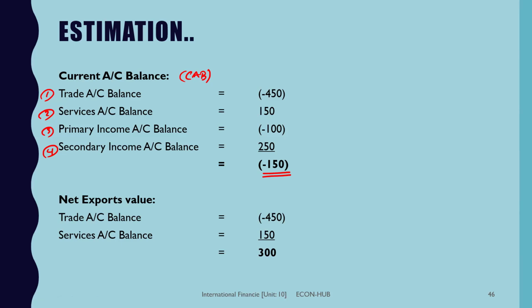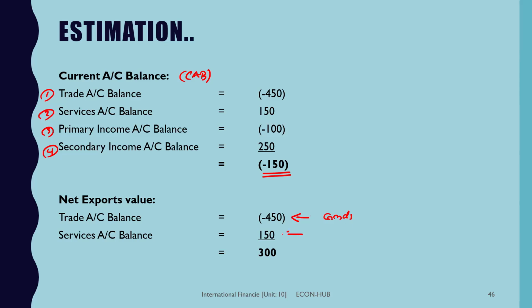Right. Next, net export value. So basically, it's a simple piece of knowledge that net exports is the trade and services account balance. The common mistake is we only take sometimes the trade account. Remember, this only has goods.